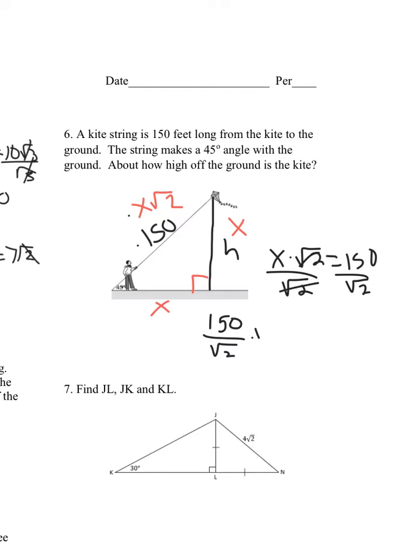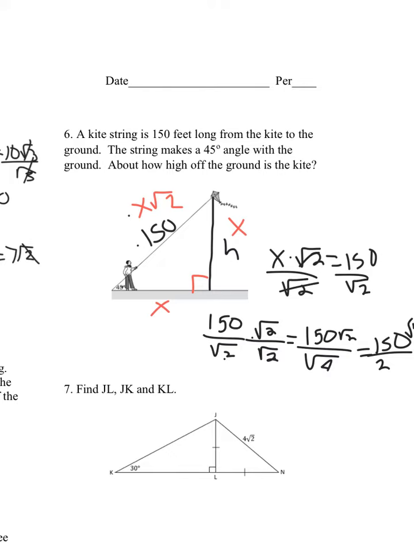Can't leave it like this. Got to do this. Denominator over itself represents 1. On the top, you have 150 square root of 2. On the bottom, these combine under 1. 2 times 2 is 4. Square root of 4 is 2. And there's a square root of 2 in the back.